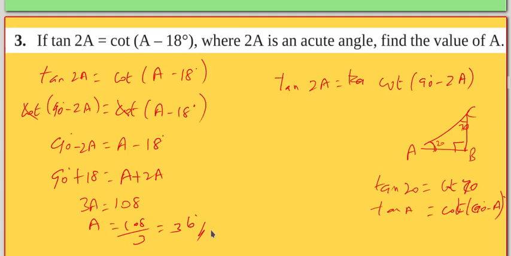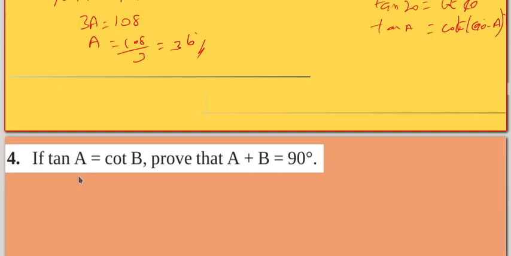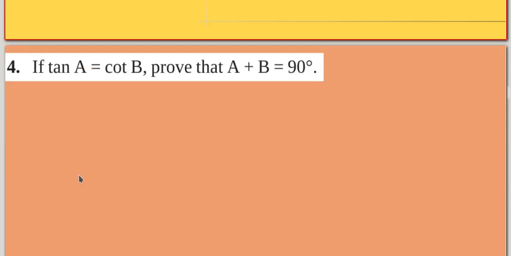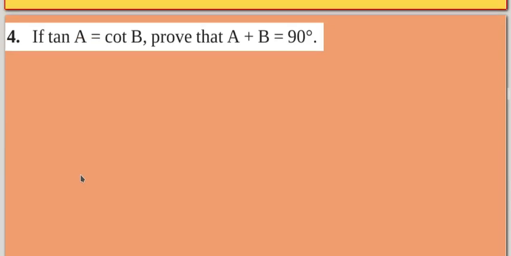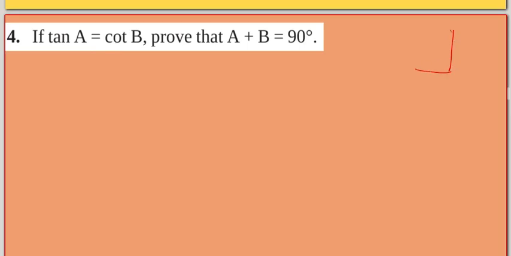Okay. Now, next problem. If tan A equal to cot B, prove that A plus B equal to 90 degrees. Tan A equal to cot B. Both are different functions, so let me bring them into the same function. If we take a right triangle, this is A, this is B and this is C. If A plus B equal to 90 degrees, definitely these two angles are acute angles.